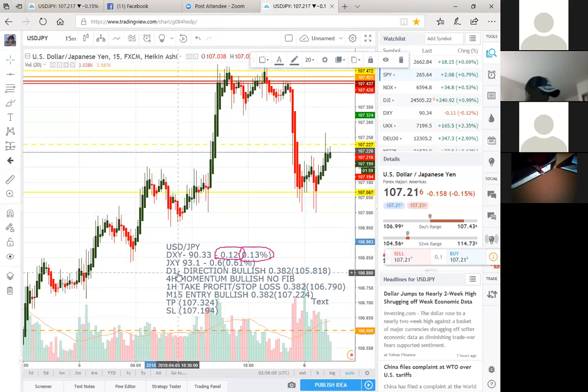Okay. And that's positive or negative. What you're going to look for is who's the stronger of the two pairs. So right now, the dollar is at 13%, and the yen is at 61%, and I believe that was negative, correct?